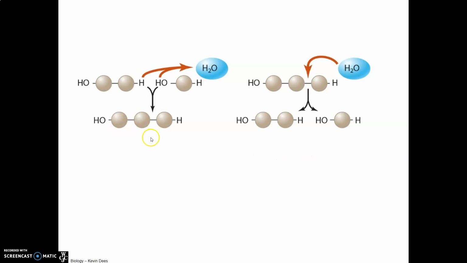However, the monomer will vary. For example, if this was a complex carbohydrate, the monomers here would be simple sugars. If this was a nucleic acid that we're going to be building here, the process would involve nucleotides, which are the monomers of nucleic acids. And then finally, if we are going to be building a protein, each one of these monomers would be called an amino acid.